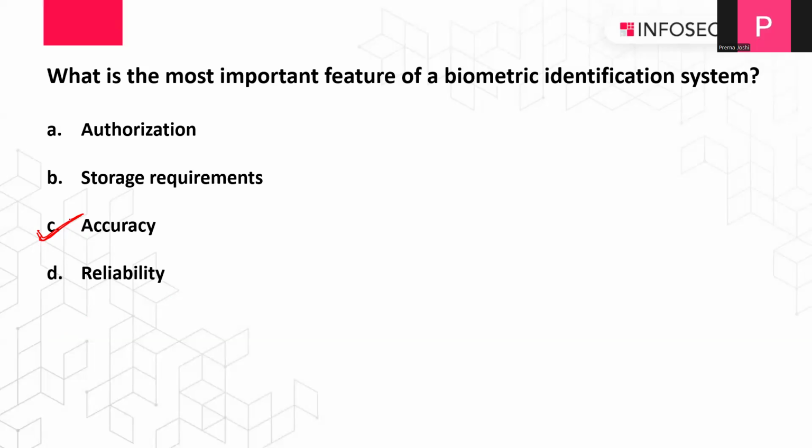Accuracy is the primary goal, to correctly identify or verify an individual based on their unique biological traits. Accuracy determines the system's ability to distinguish between the legitimate user and an imposter. So accuracy is the correct answer here.